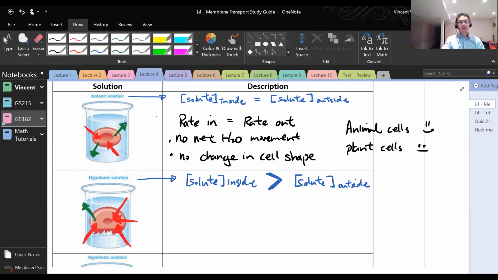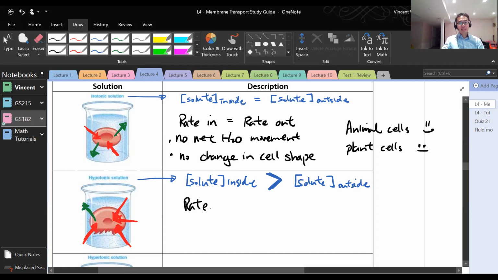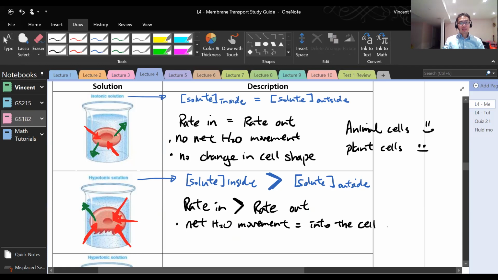So the rate in is greater than the rate out, and you end up with more water in the cell. The net water movement is into the cell.